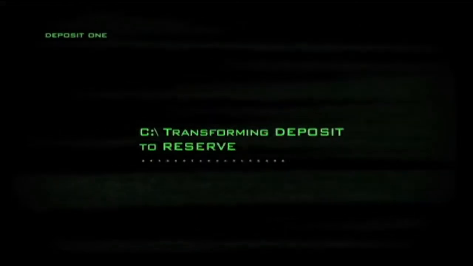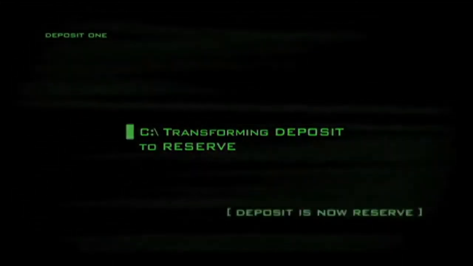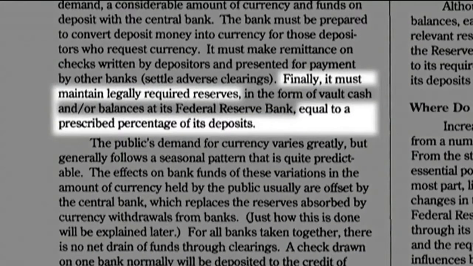For as based on the fractional reserve practice, that $10 billion deposit instantly becomes part of the bank's reserves, just as all deposits do. And regarding reserve requirements, as stated in Modern Money Mechanics, a bank must maintain legally required reserves equal to a prescribed percentage of its deposits.